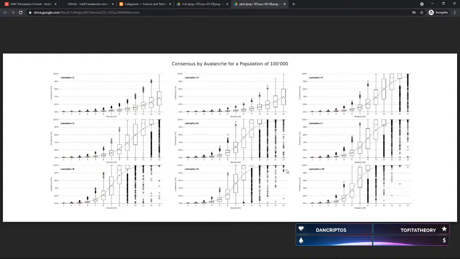And in these graphs, I was choosing 13 rounds and up to 10 subsamples, because in the interview, Emin had mentioned these numbers, or he actually had mentioned 13 rounds and 8 subsamples.